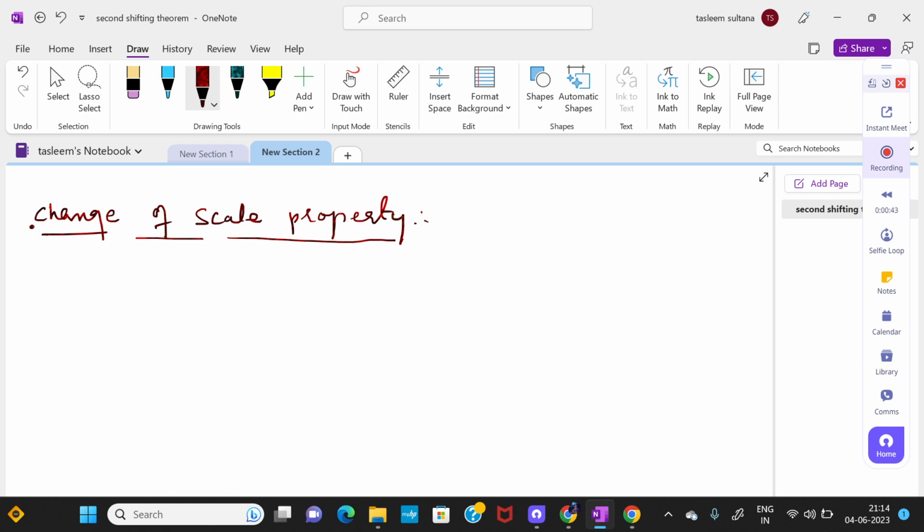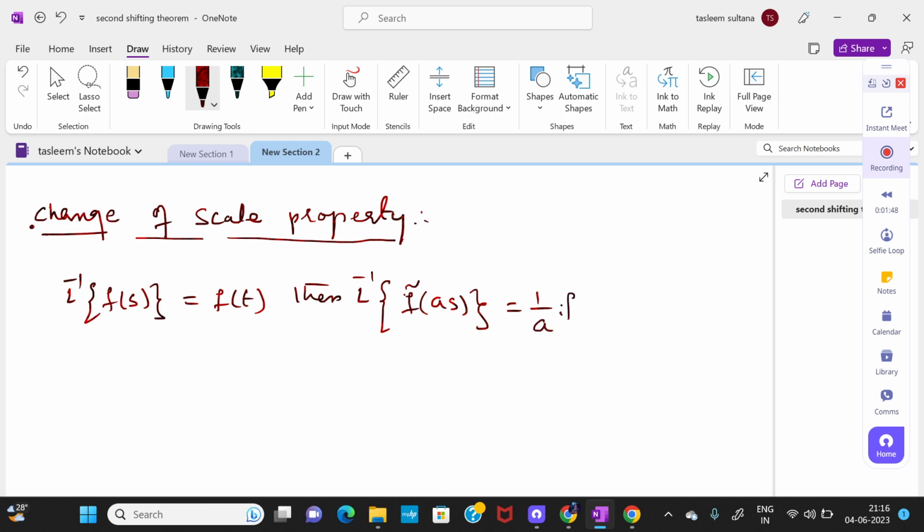In the inverse Laplace transform, your statement will be the reverse. If L inverse of f bar of s is equal to f of t, then L inverse of f bar of as, the change of scale property, is equal to 1 by a into f of t by a.